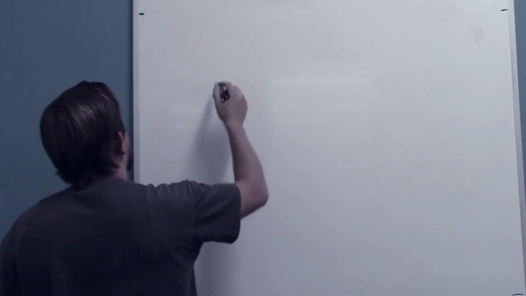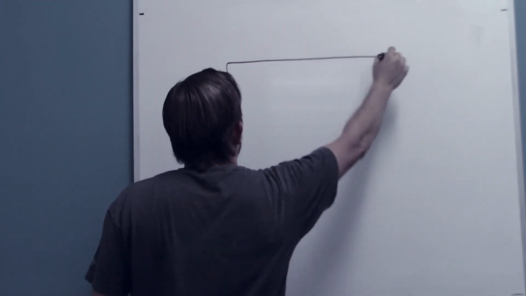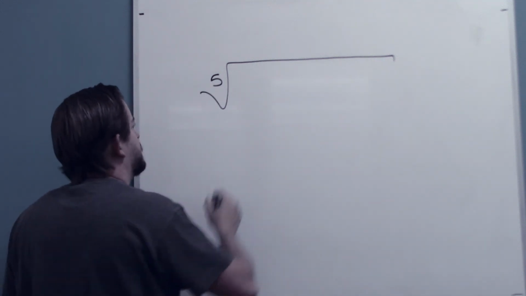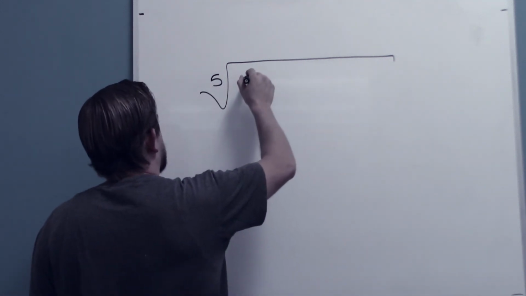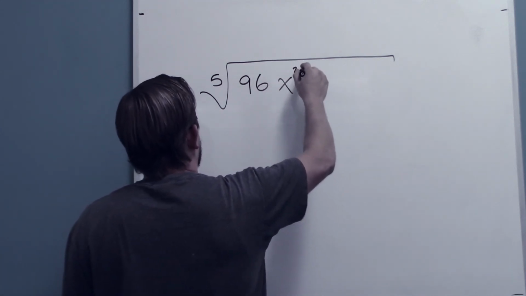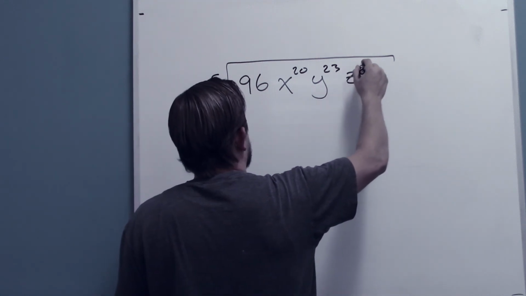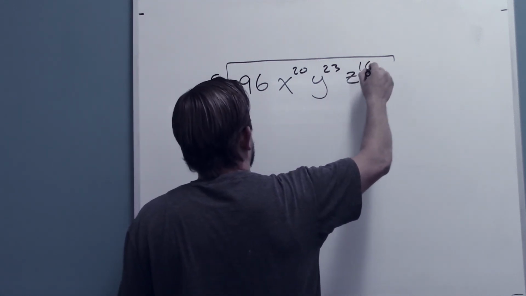Okay, let's do one last one of these. Let's say I want to take the 5th root of 96 x to the 20, y to the 23, z to the 16.